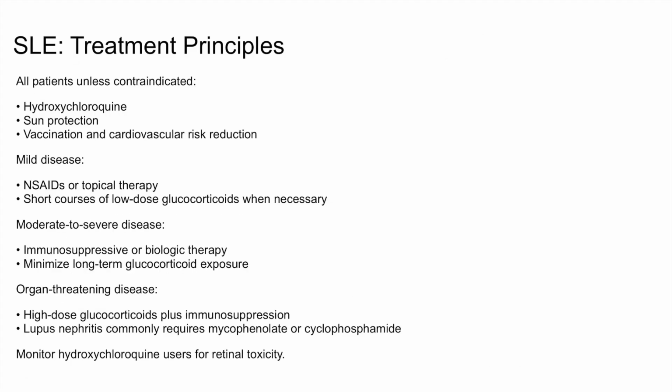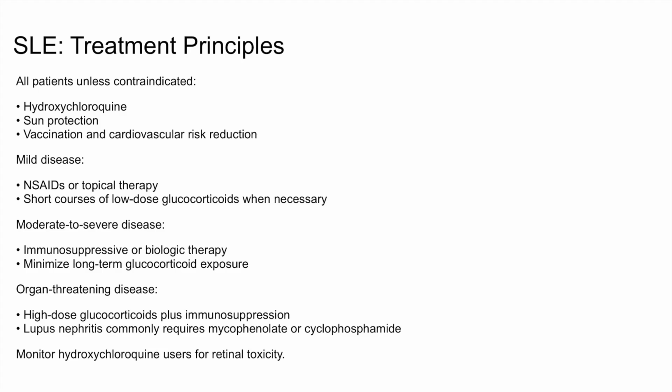So hydroxychloroquine is recommended for most patients with lupus unless contraindicated, along with sun protection, appropriate vaccination, and cardiovascular risk reduction. Mild skin or joint disease may be treated with topical therapy, NSAIDs, or brief courses of low-dose glucocorticoids. Moderate or severe disease often requires an immunosuppressive or biologic medication with the goal of minimizing long-term steroid exposure.